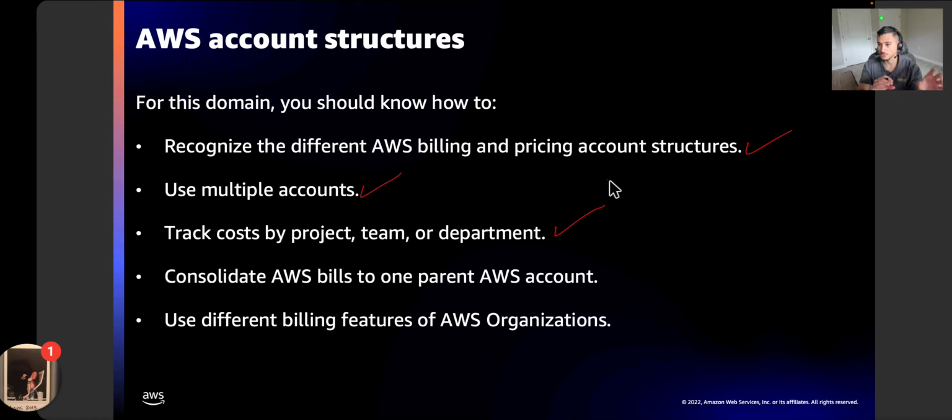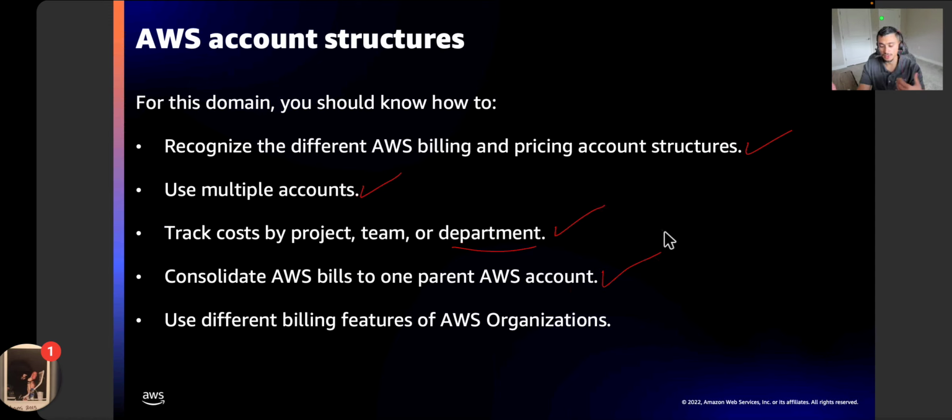Basically, we can set tags, which are key value pairs that we can then use, right? We can tag resources based on a project, a team, or department. And then when we're analyzing our costs, we can filter based on tags and see, for example, how much a certain project is costing us.